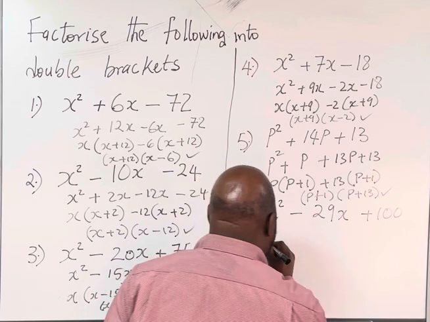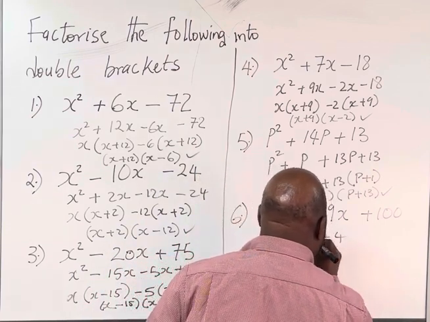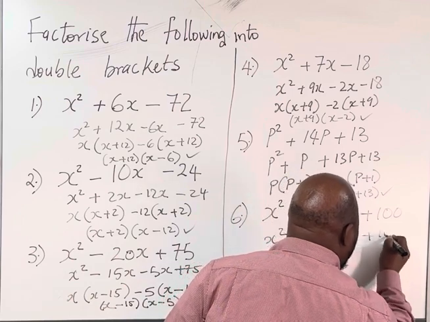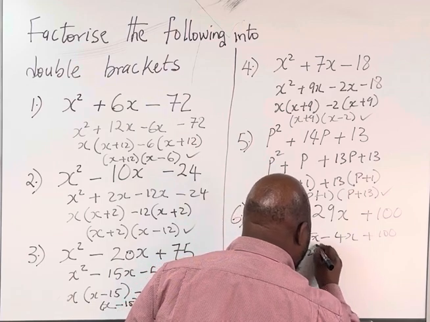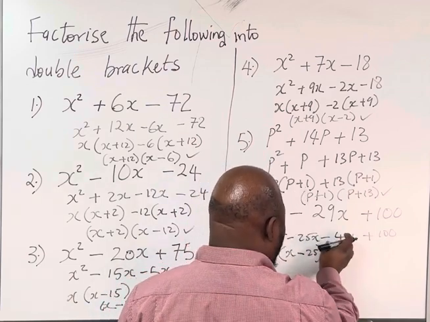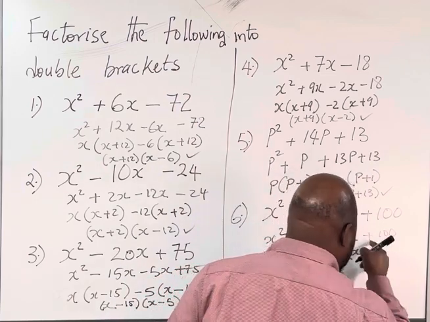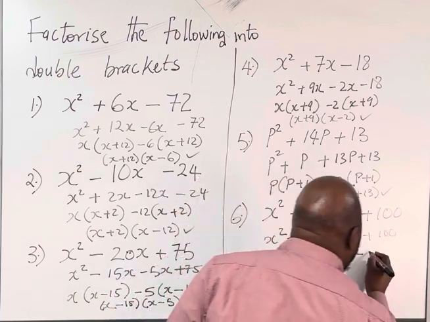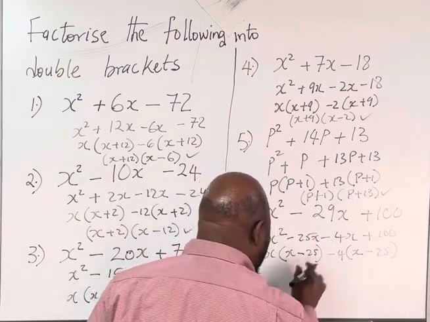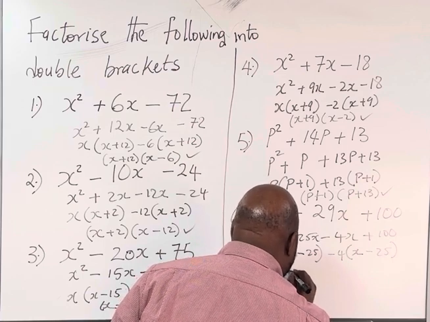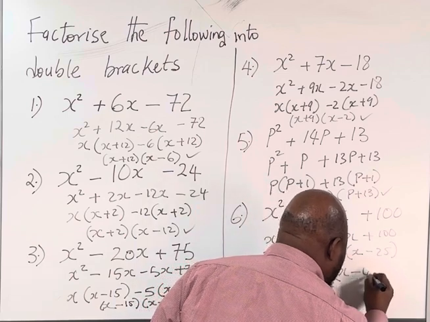So we have x squared minus 25x minus 4x plus 100. You have x into x minus 25. When you bring out minus 4, you have minus 4 into x, and the sign changes again, minus 25. So you also have (x minus 25)(x minus 4).